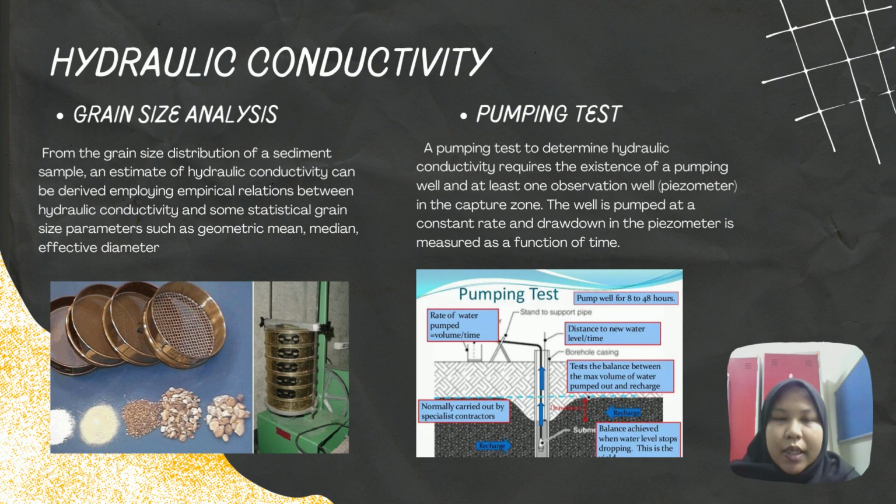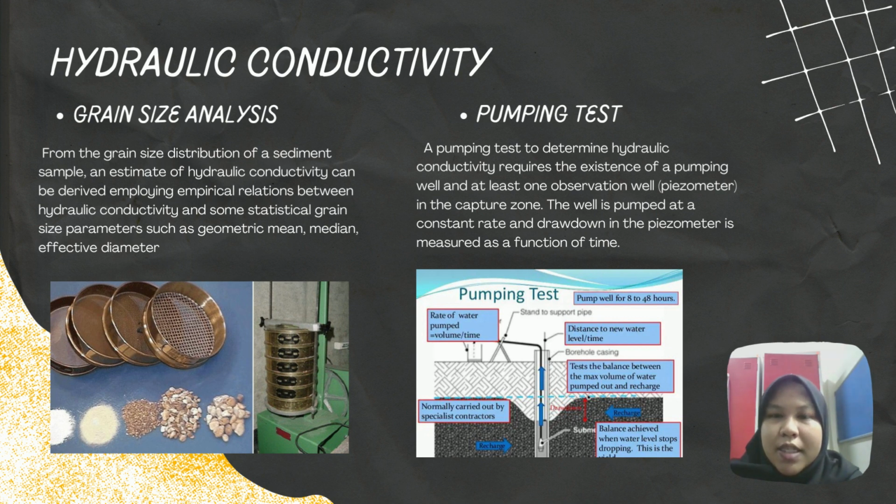Next is hydraulic conductivity. In this topic, there are a lot of tests, but today I'm going to present grain size analysis and pumping tests. For grain size analysis, from the grain size distribution of a sediment sample, an estimate of hydraulic conductivity can be derived employing empirical relations between hydraulic conductivity and some statistical grain size parameters such as geometric mean, median, and effective diameter.